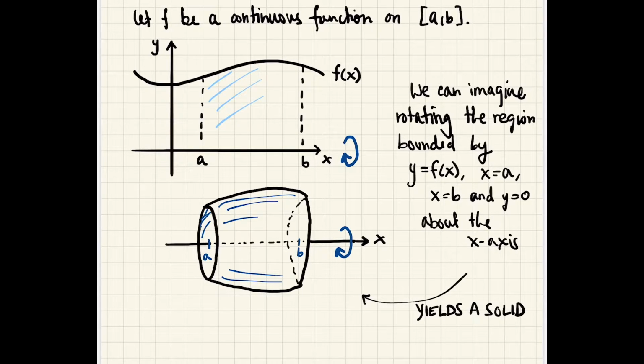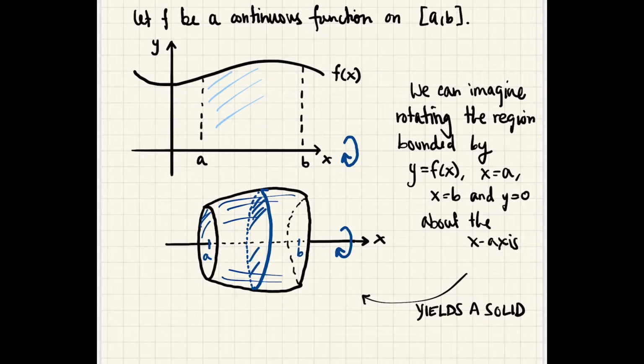Okay, so of course what we're after, this should be no surprise, is the volume of that solid. And what we're going to do is implement the principle that we just talked about a few minutes ago, which is to find the volume of this solid, we're going to cut a slice into the solid and find the area of that cross-section.